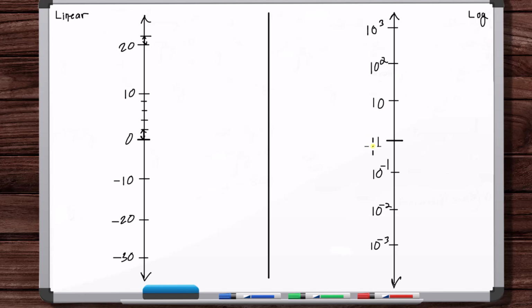There's no actual 0 point. The parallel is that when the value is 1, that's like the 0 point on the linear scale, and the negative values on the linear scale correspond to values that are less than 1 on the logarithmic scale.